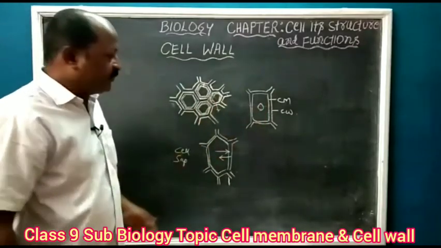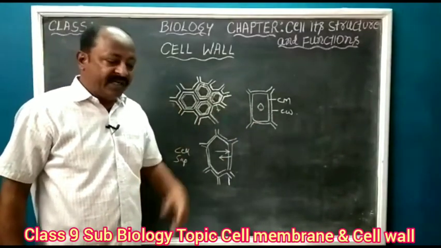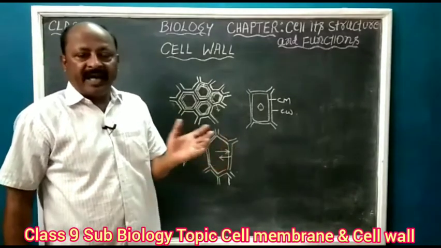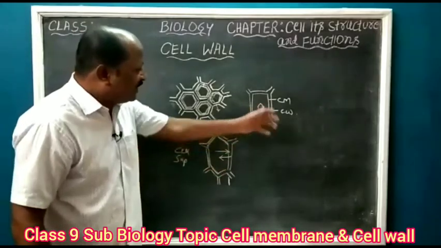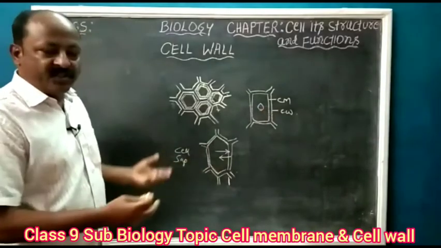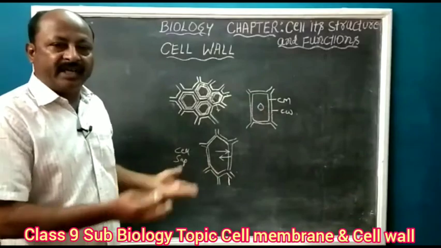And we know that the cell membrane is selectively permeable membrane. It allows certain substances to enter into the cell or exit out of the cell to maintain the balance inside the cell. Whereas cell wall is not like a semi-permeable membrane. It will generally allow the substances to get in or get out.